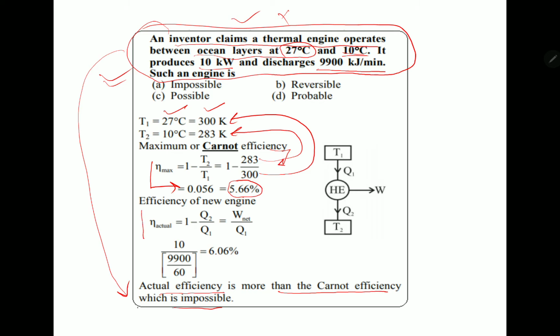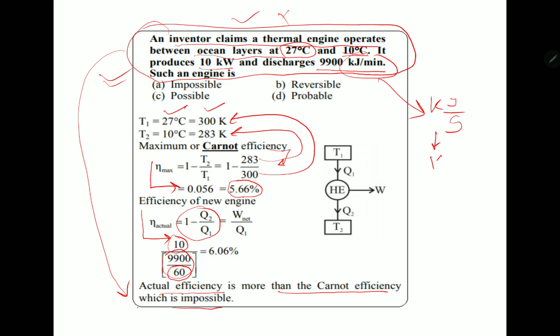Now the actual efficiency of the engine is 1 minus Q2 by Q1, and over here our Q2 is 10 kilowatt and Q1 is 9900 kilojoule per minute. So we have to convert this unit into kilowatt. Kilojoule per minute has to be converted into kilojoule per second, so we divide this by 60.